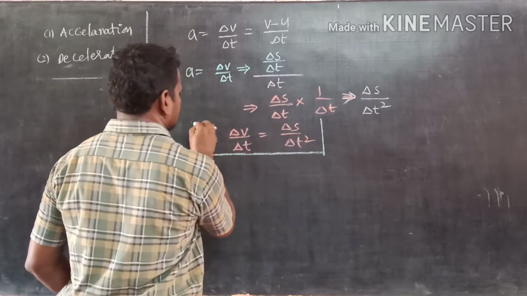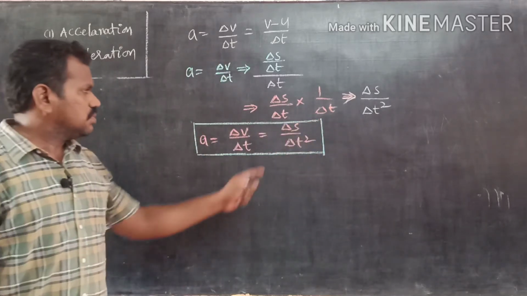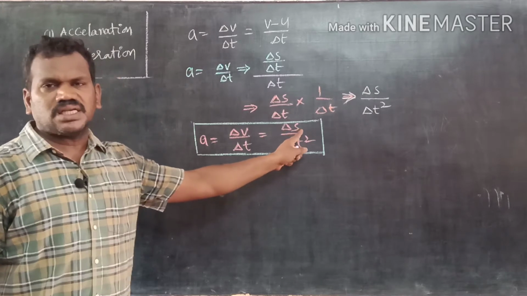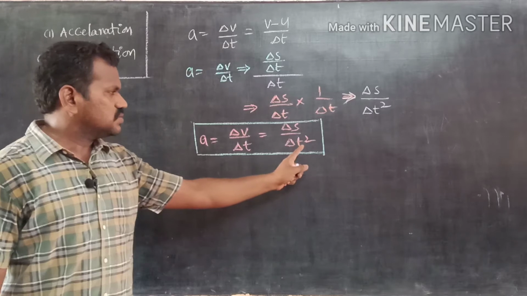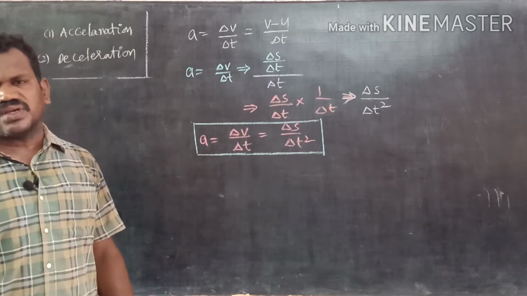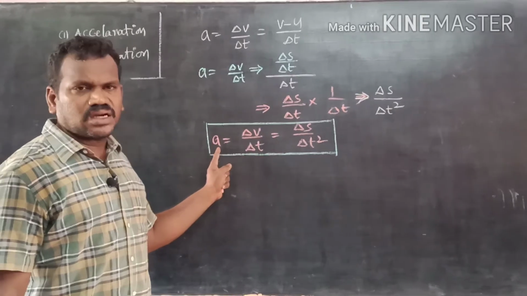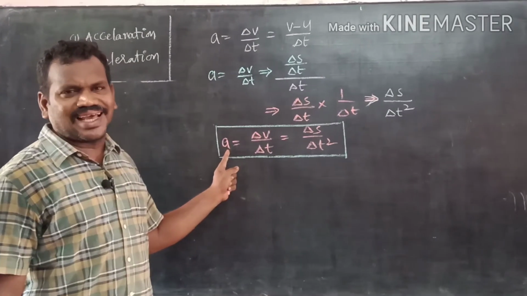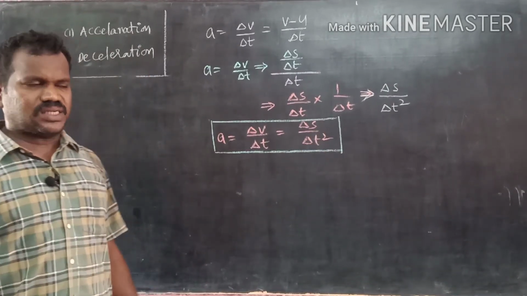Why are we calling it the final expression? Because displacement is nothing but the fundamental quantity, that is length, as well as the time, as we already explained earlier. This means we converted the derived unit like acceleration into the form of fundamental quantities.